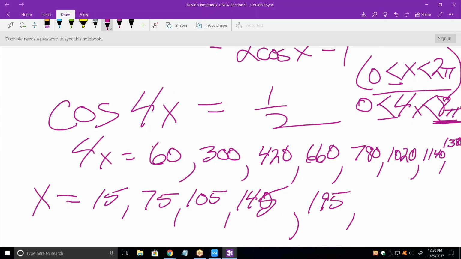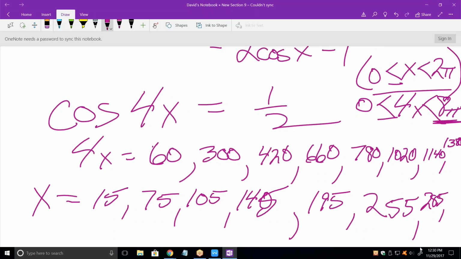4 goes into 1020, 255. 4 goes into 1140. What? You've got the calculator. What's 1140 divided by 4? 285. And finally, the last one.